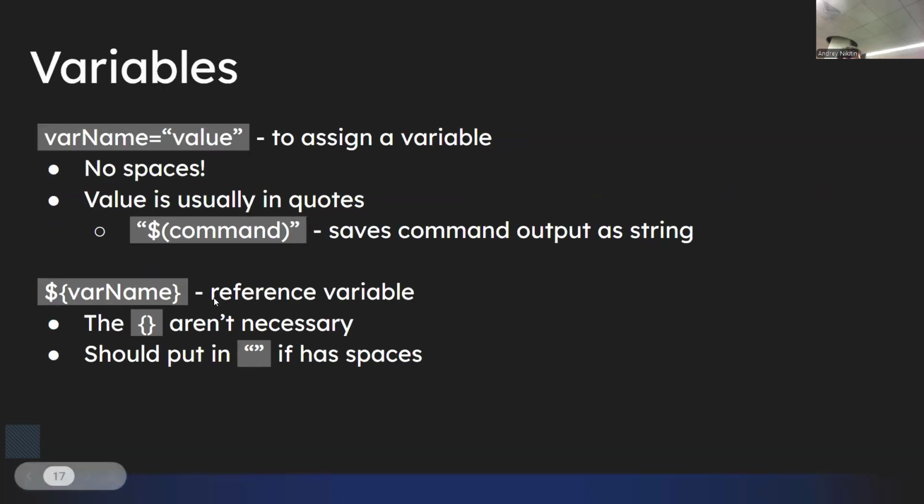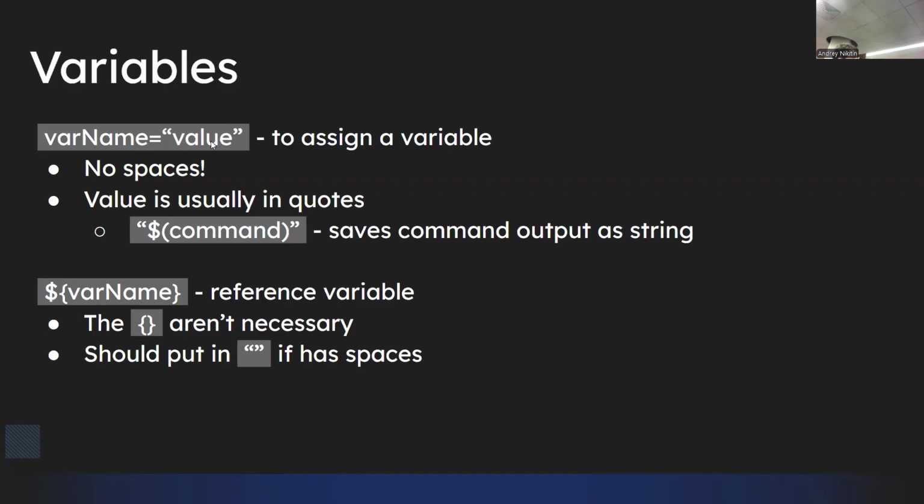First up is variables. For a variable, you just do the variable name equals its value. No spaces in between, because if you put spaces, Bash is going to cry at you. I'm not sure if it cries on all versions, but on some distros, it does not like having spaces around the equals sign.